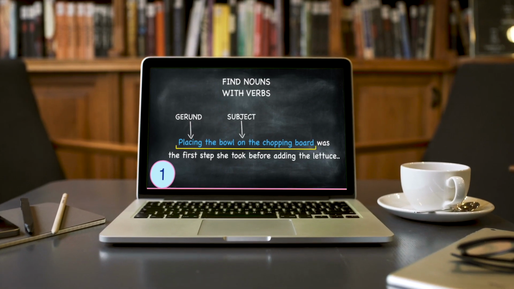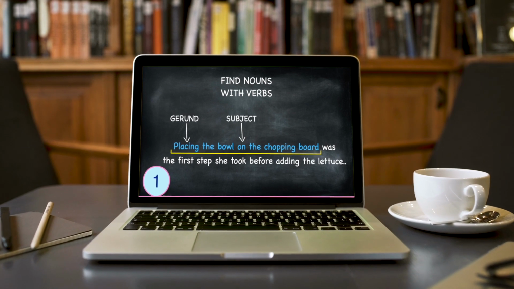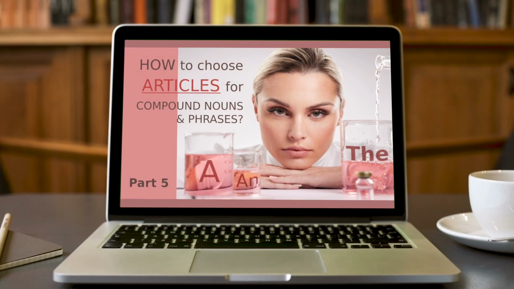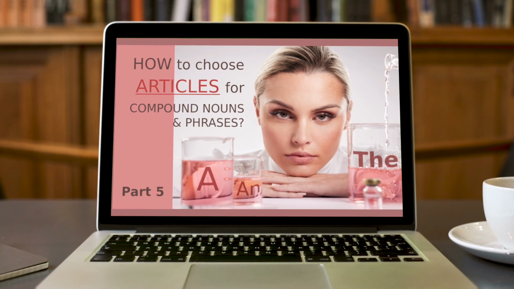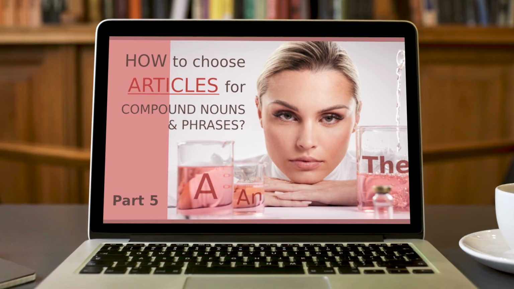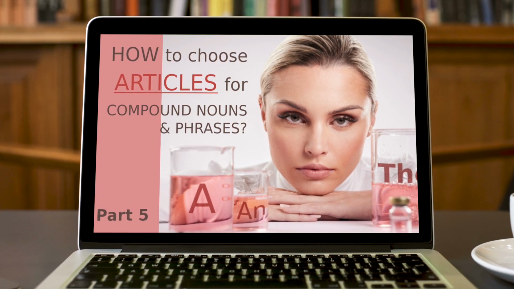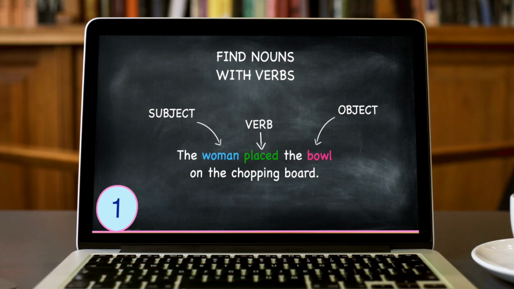Things can get a bit more complicated when the subject or object of a verb is a whole phrase rather than a single noun, and we'll dig into how to identify nouns for article choice when they are part of phrases in more depth in part 5 of this series, which you will find linked below. For now, let's assume we are dealing with individual standalone nouns.